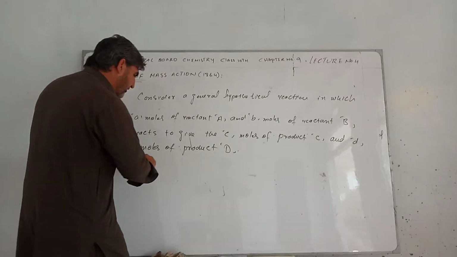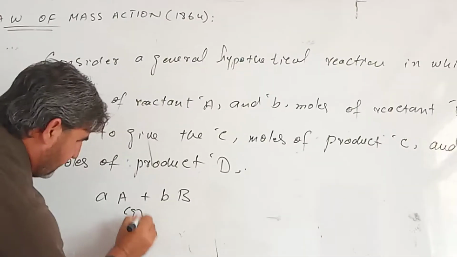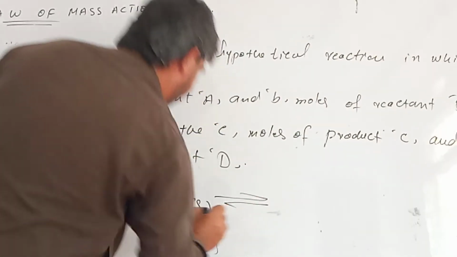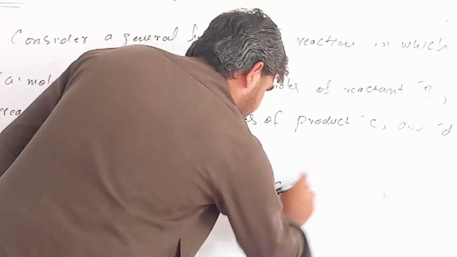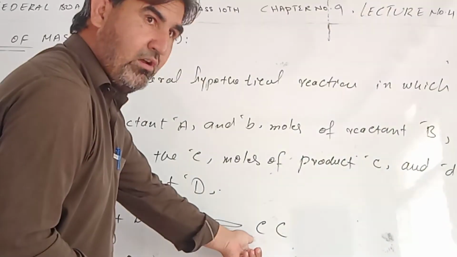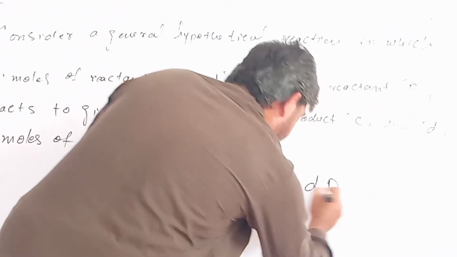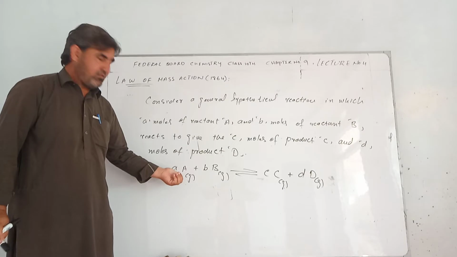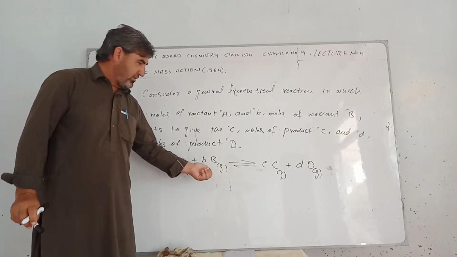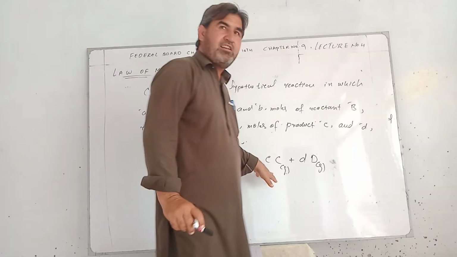Now the reaction will be: a moles of A react with b moles of B, in which two reactants A and B react with each other to get the products C and D, with c moles of product C and d moles of product D.